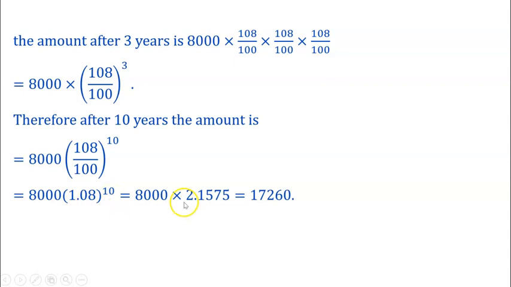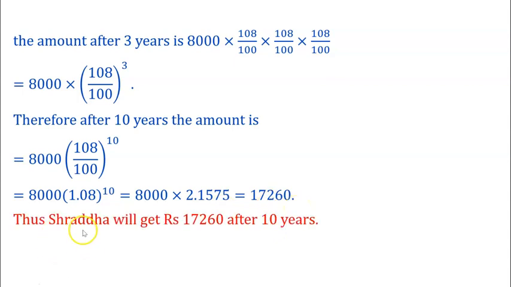Its value is 2.1575, and after simplification you will get 17,260, and thus Shraddha will get rupees 17,260 after 10 years. And in this way we have completed all the solved examples.